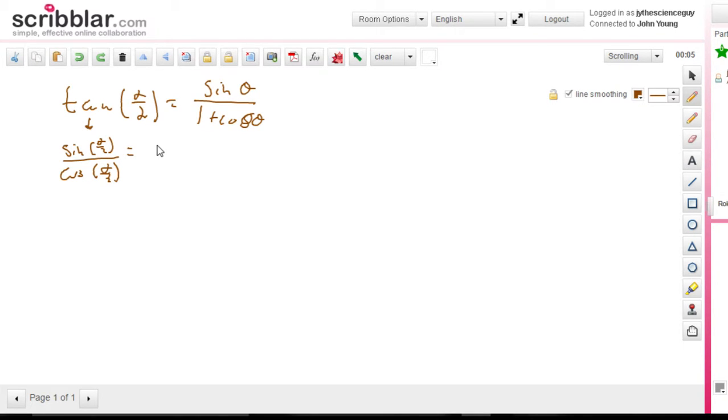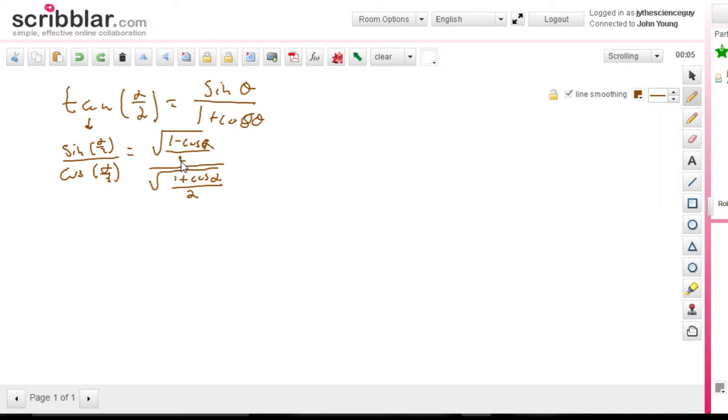So the sine of the half angle is equal to the square root of 1 minus cosine theta over 2, divided by the square root of 1 plus cosine, and I'll put alpha here, alpha over 2. So I just used the definition for sine and cosine of the half angle.